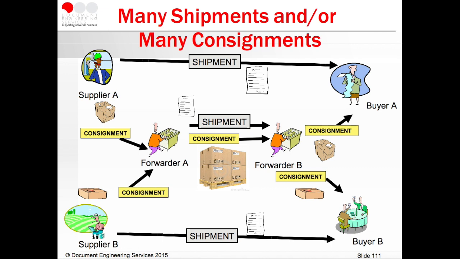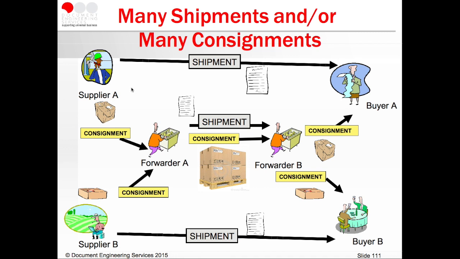So the diagram here, which is fairly complicated, explains the fact that the relationship or the movement of goods between a supplier, in this case supplier A and buyer A, is a shipment. They will talk to each other about the shipment that they're expecting or they're sending.